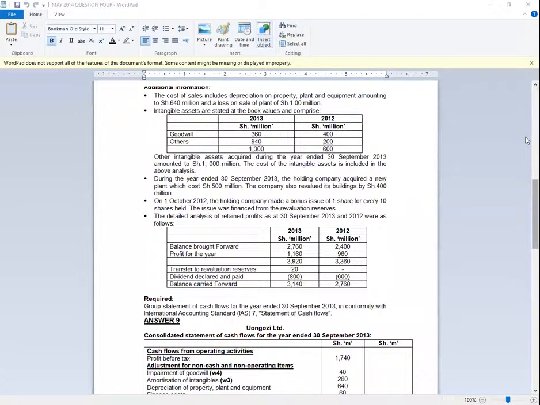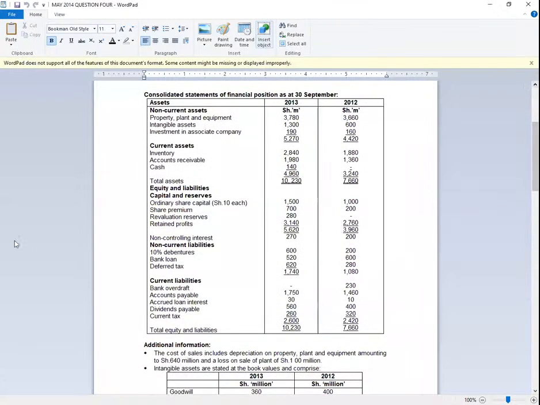Property, plant and equipment. What is the balance brought down for PPE? Tell me the balance brought down. Don't say 3780; that is the balance carried down.